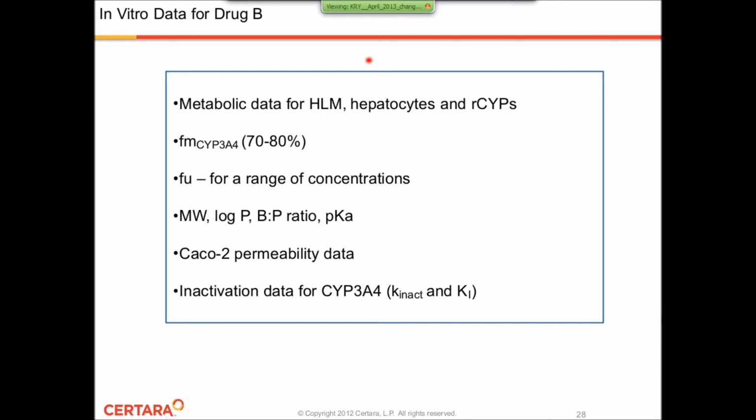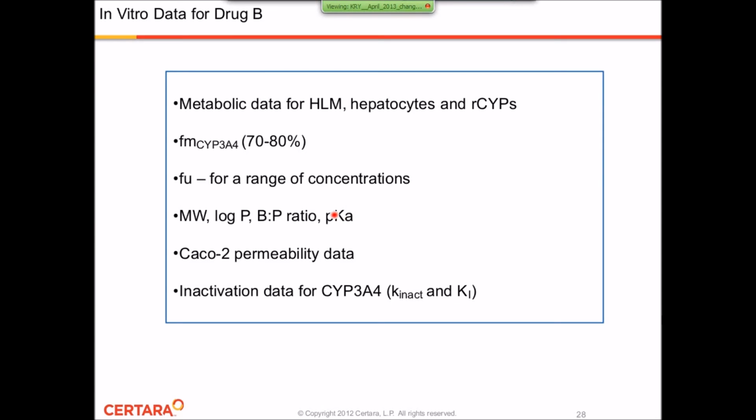So the in vitro data that are available for drug B: there were metabolism data for human liver microsomes, hepatocytes, and recombinant CYP enzymes. Its fm value that was calculated ended up being in the range of about 70 to 80%. Fraction unbound was measured over a range of concentrations.